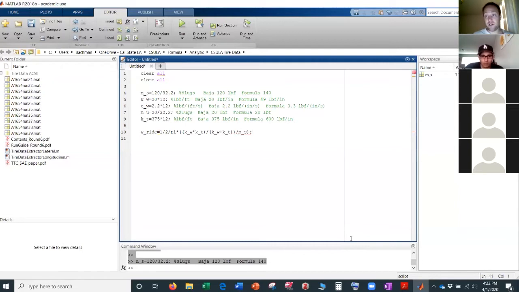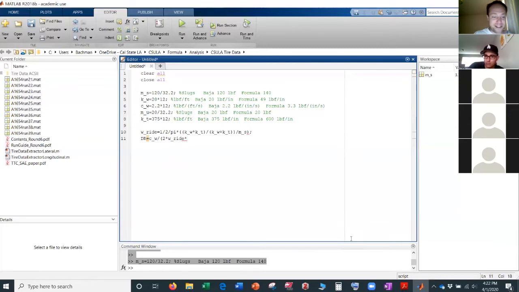And then we also have our damping ratio, dr. That's going to be 2 times, oh, we probably messed this up. It's going to be our CW, so damping rate divided by 2 times omega ride, but we have to multiply this by 2 pi.